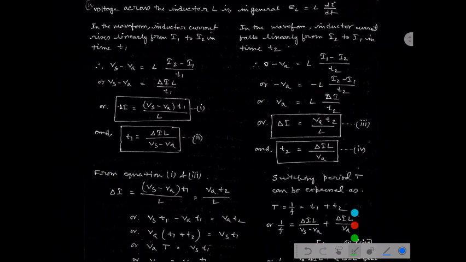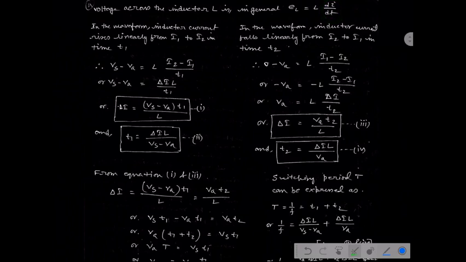The voltage across the inductor L, in the generalized form as we know from basic electrical, is EL equal to L di by dt, where L is the inductance of the inductor and di by dt is the rate of change of current with respect to time.